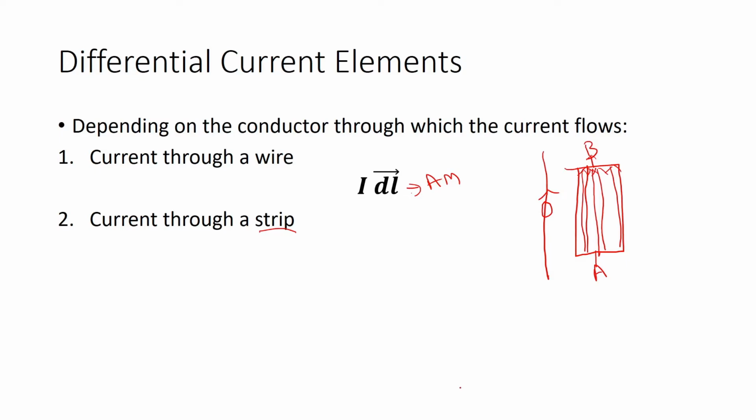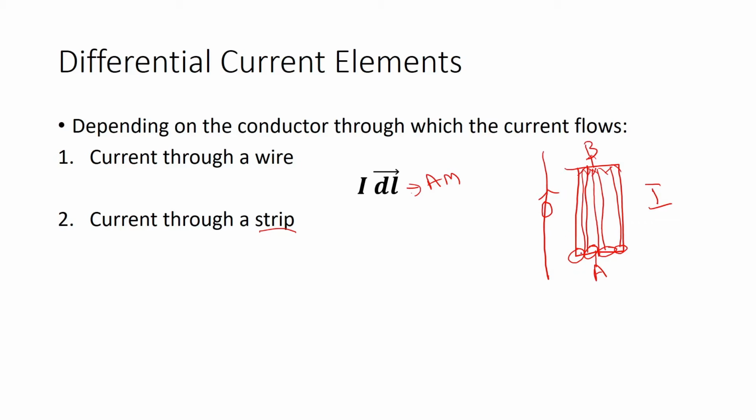So to quantify the current from A to B, if, for example, the current flowing through this is some I amperes, flowing from A to B, then the current flowing through each unit is the same, because this entire strip is made of the same material and the same potential difference is applied across them.